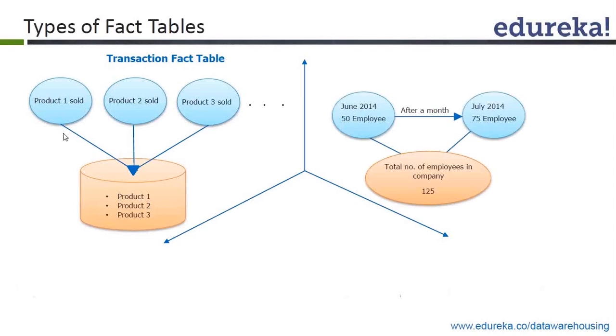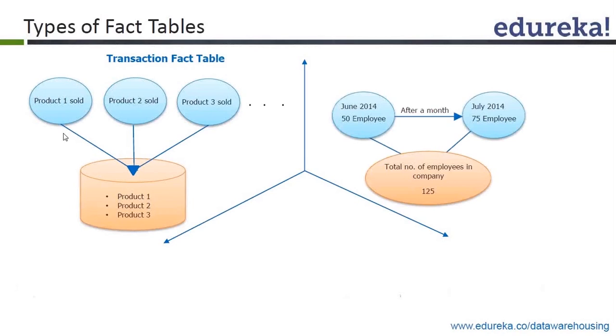Like June 2014, there were 50 employees in a particular company. In July 2014, there were 75 employees in that particular company, right? So in this case, you cannot really add the total number of employees.